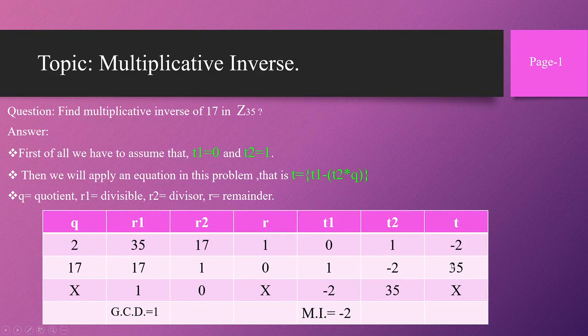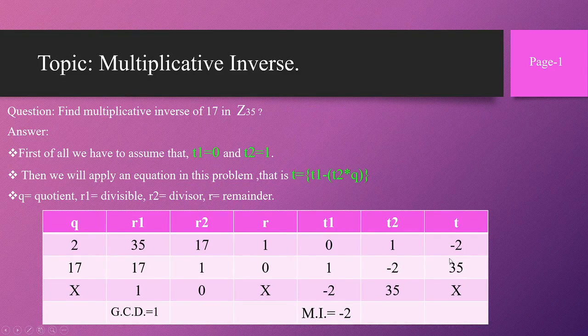Here we will find the value of t using this equation. So here t1 is equal to 1, t2 is equal to minus 2, into q, so minus 2 into 17 is equal to minus 34. So 1 minus minus 34 is equal to 1 plus 34, which is equal to 35.